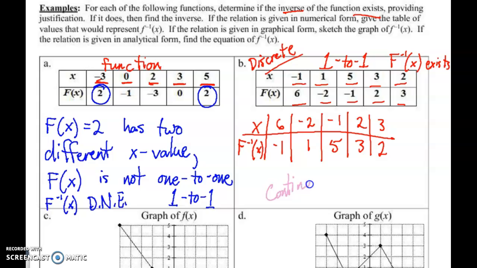Well, now if it's continuous, the inverse would not exist. Why? Well, if you look at this graph and you were to just plot a few points, you could actually stop once you get from -1, 6 and 1, -2 and 5, -1.